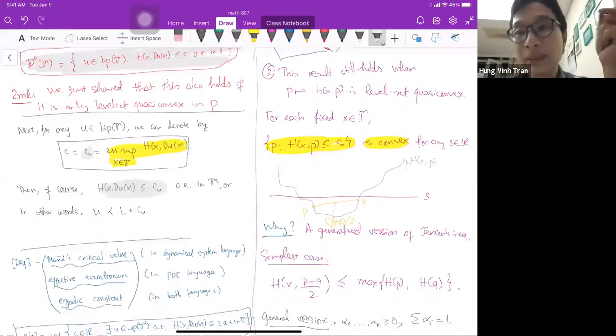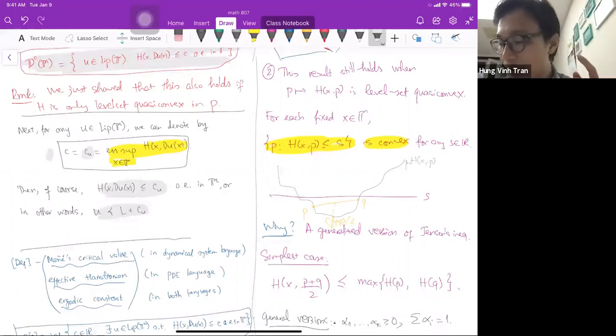So for any Lipschitz function, I know that u is dominated by L plus cu, and cu is this thing up here. So for any Lipschitz function we can find such a cu that u is dominated by L plus cu, and then we're gonna define a constant named C of 0.